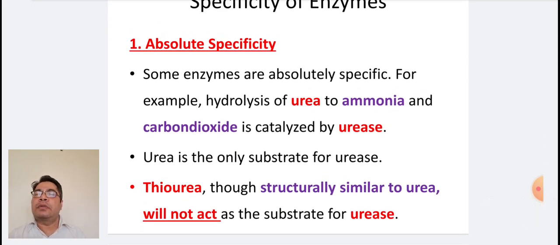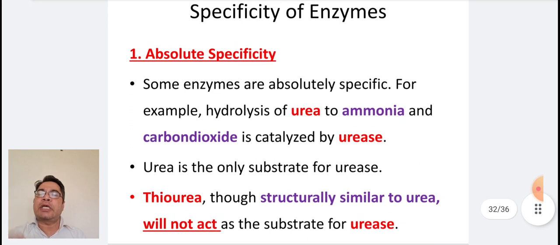Coming to the specificity of enzymes. In that, first, absolute specificity. Some enzymes are absolutely specific. For example, hydrolysis of urea to ammonia and carbon dioxide is catalyzed by urease.